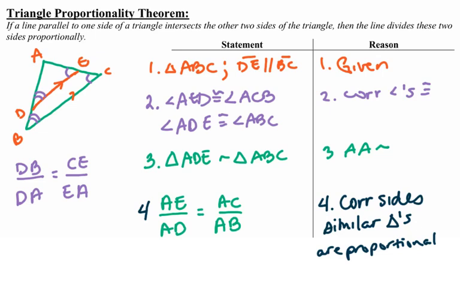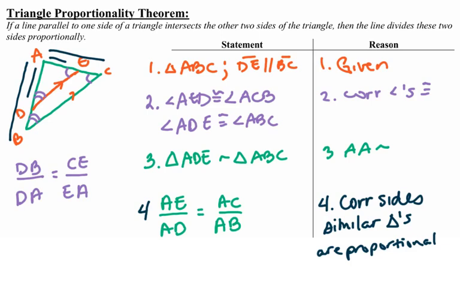Okay, so because of that, look at what we were trying to do. We were trying to say that DB to DA is equal to EC to EA. Now that's slightly different than what we have here, because what we have is AE compared to the whole side, AD compared to the whole side.